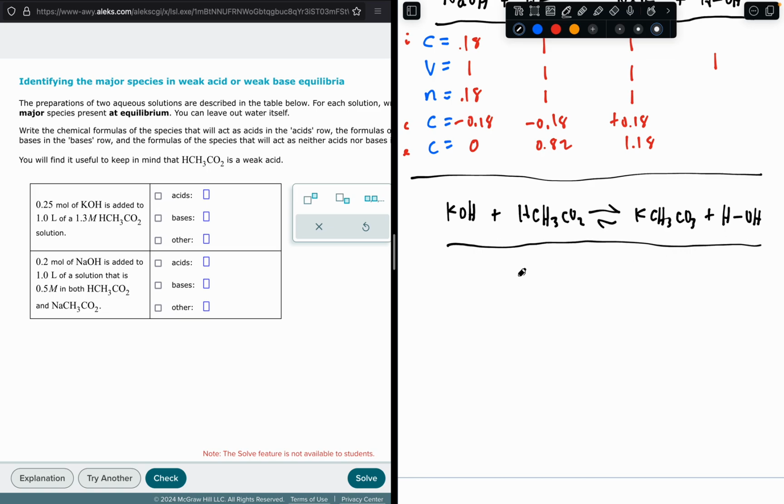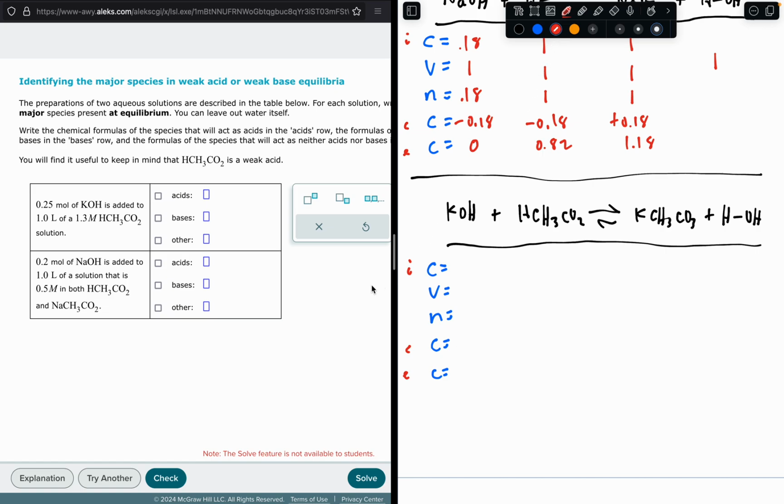So I'm going to come over here, and I'm going to say CVN, concentration volume, where this is my initial, and then we'll do our change and everything below that. Here's my ICE table, C and E. Hope my writing is big enough to see.